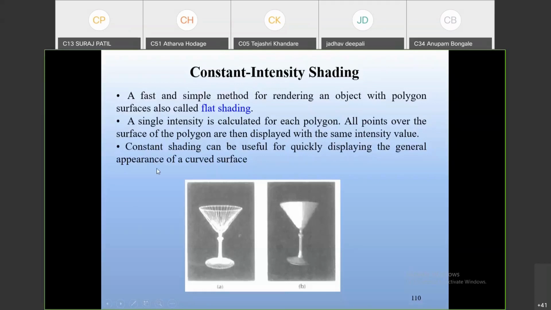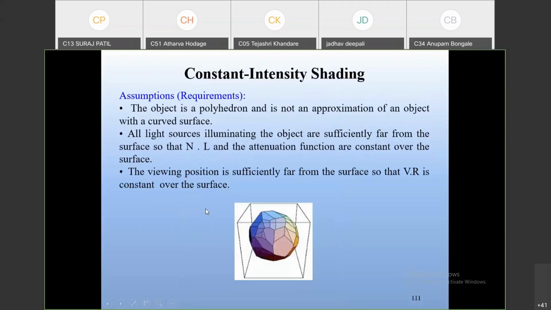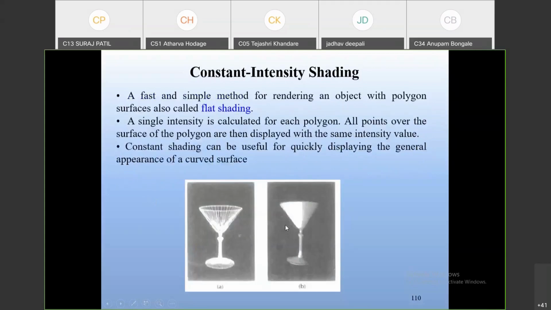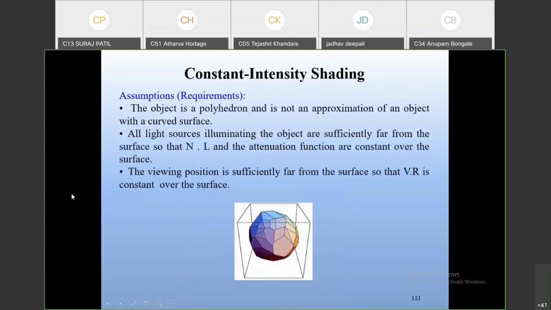You can observe here: constant shading, constant, why? Same intensity, then it is a constant. So constant shading can be useful for quickly displaying the general appearance of a curved surface. When we render it looks like this, that we have seen practically also.